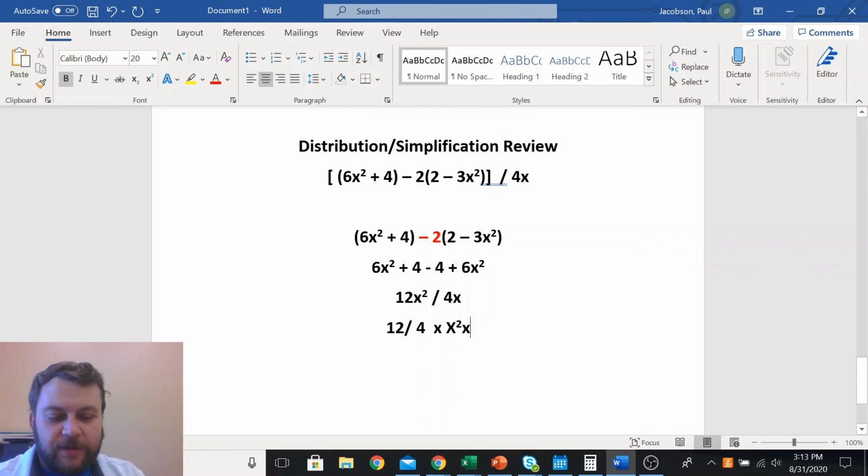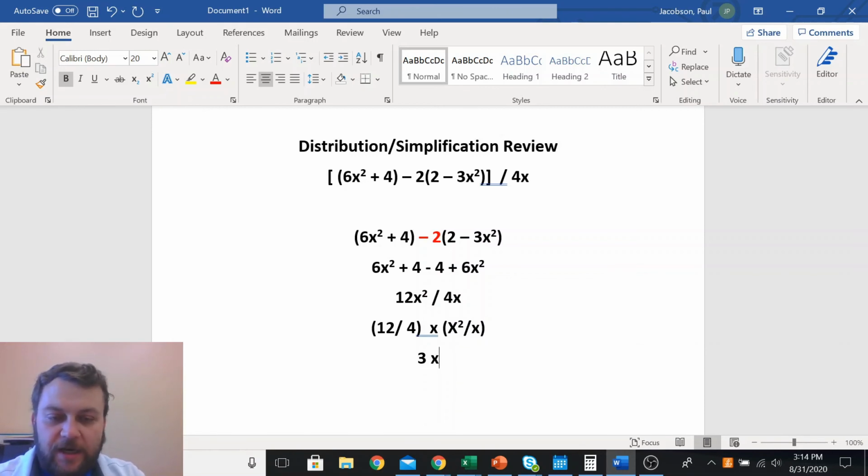See how I split these two pieces up? I hope it helps you see what we can do here. What's 12 divided by 4? You know that. 12 divided by 4 is 3.